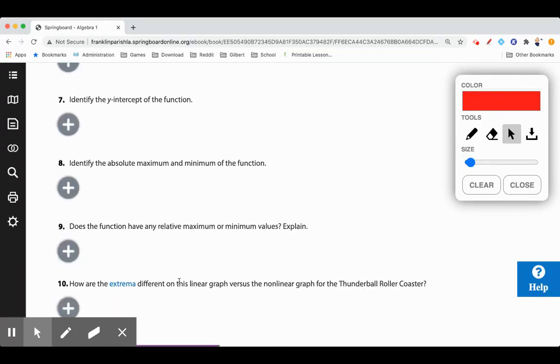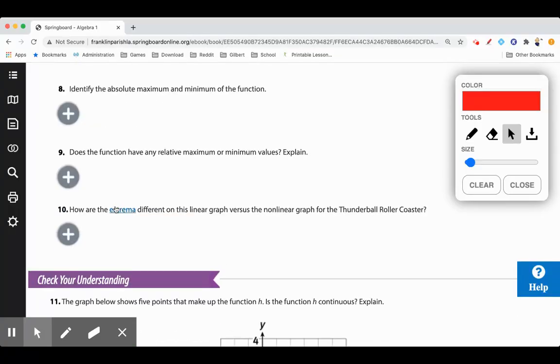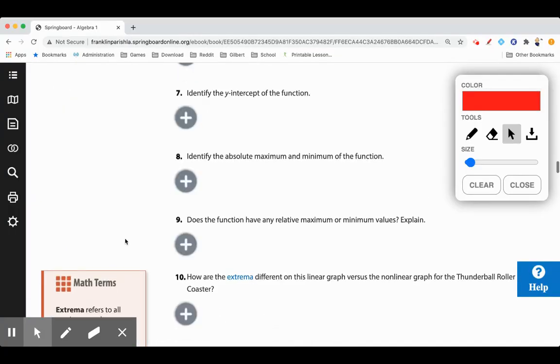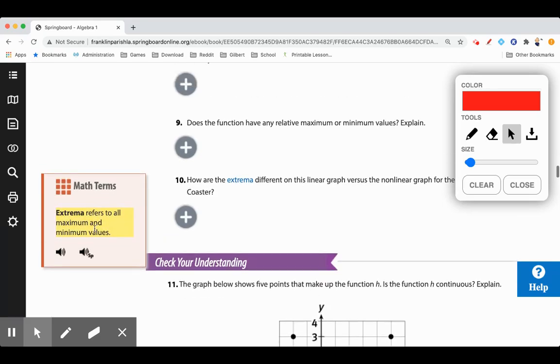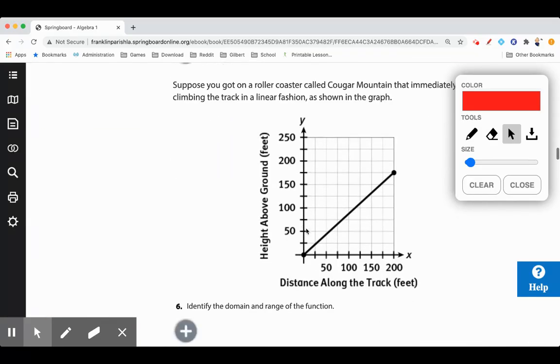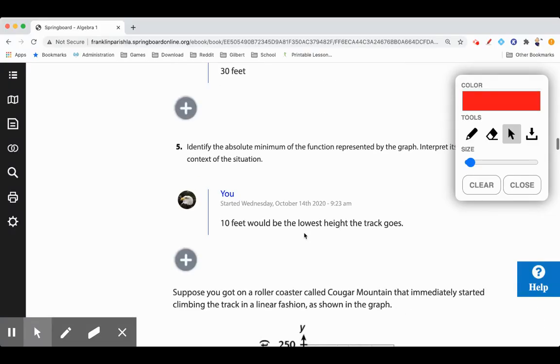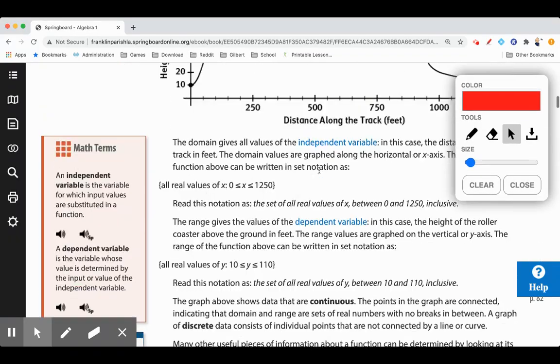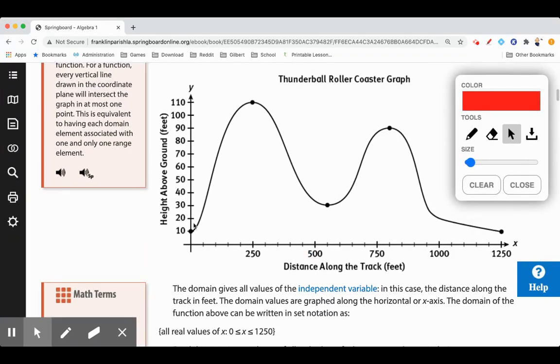How are the extrema different? Okay, extrema. You click on that, or you look up the definition on the side. The extrema, the maximum and minimum, are where they're the extreme, the outer cases. So how are the extrema different on this linear graph versus the nonlinear? How are these endpoints, the minimum and the maximum, different from here, the minimum, and here, the maximum?